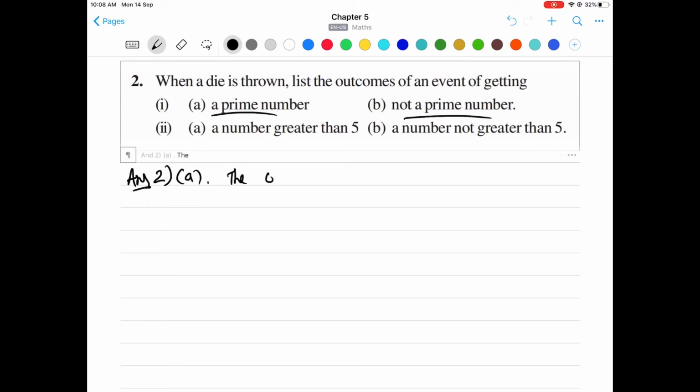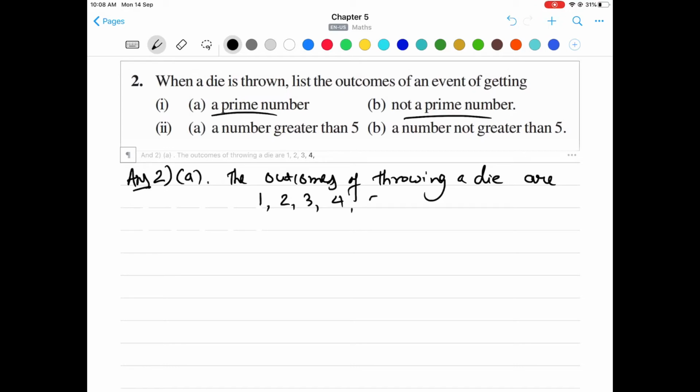The outcomes of throwing a die are 1, 2, 3, 4, 5 and 6. Okay, so the outcomes of throwing a die are 1, 2, 3, 4, 5 and 6.